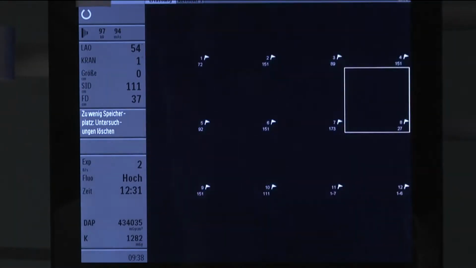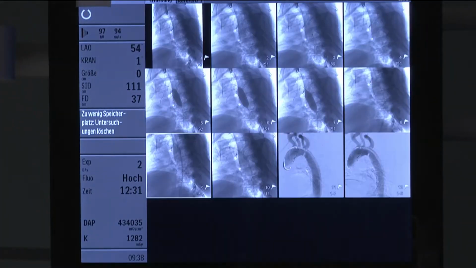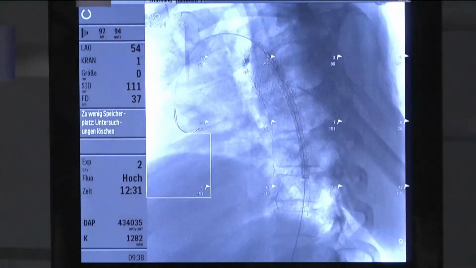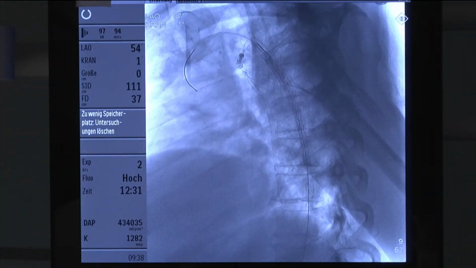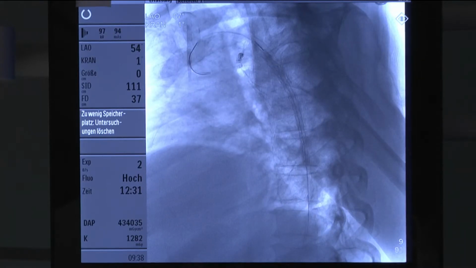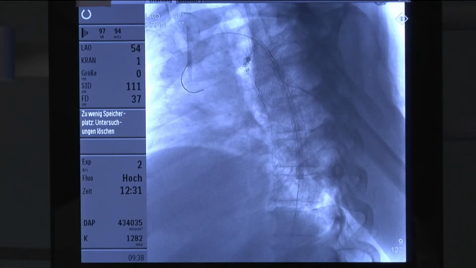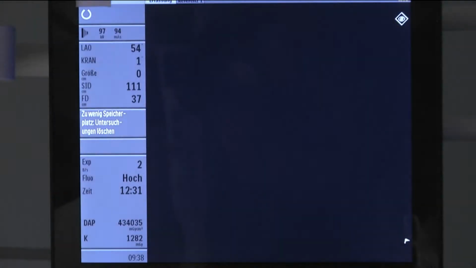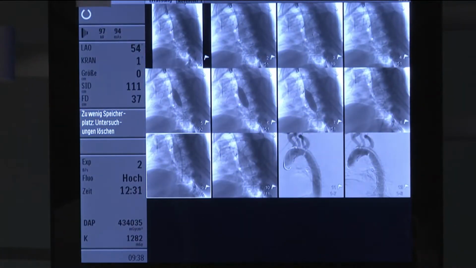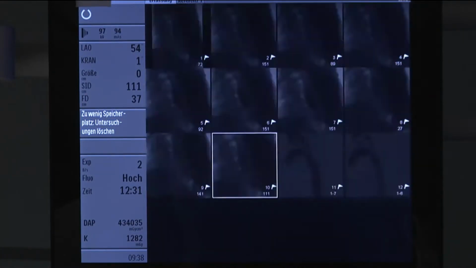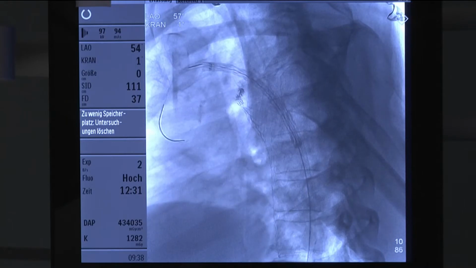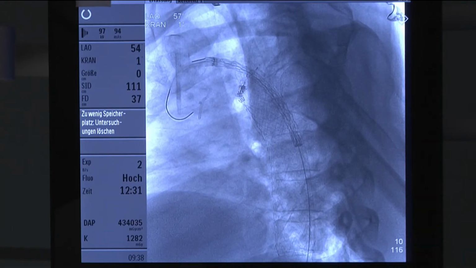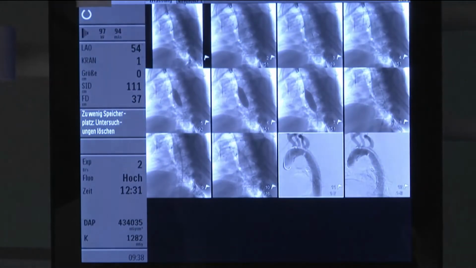We then proceeded to advance our stent graft. We had some problems getting over this proximal stenosis. But in the end, we managed to get over this very difficult spot, and we have now positioned our stent graft, and we have done an angiography over the left carotid axis.